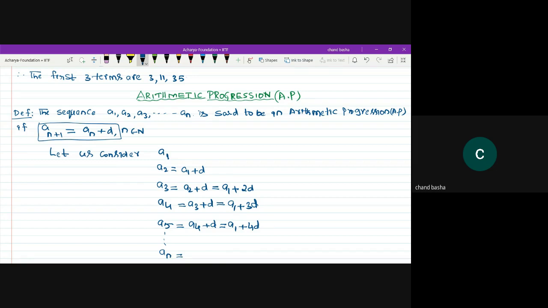AN is equal to A1 plus (N minus 1) into D.